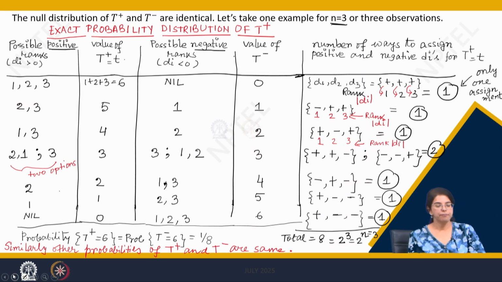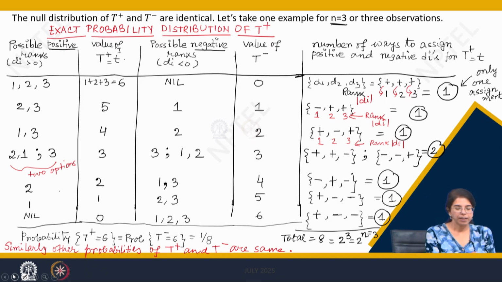Let us have a very interesting topic where you will find out on your own the null distribution of T plus and T minus. How do you find out the exact probability distribution of T plus? Simultaneously T minus. Okay. So possible positive ranks, we are taking n is equal to 3.